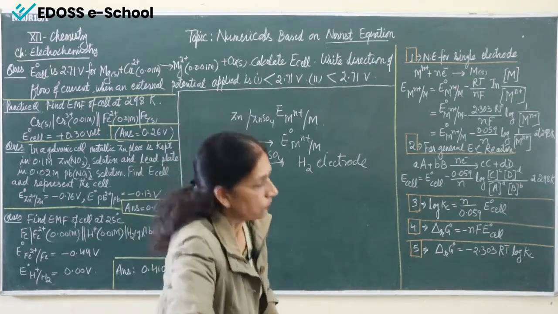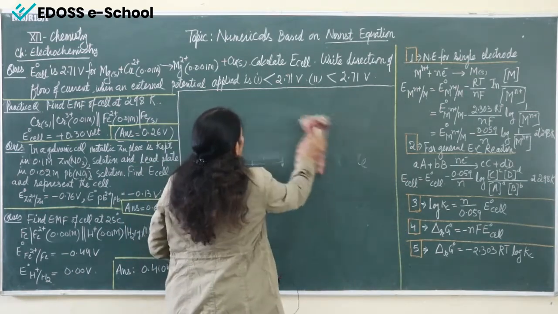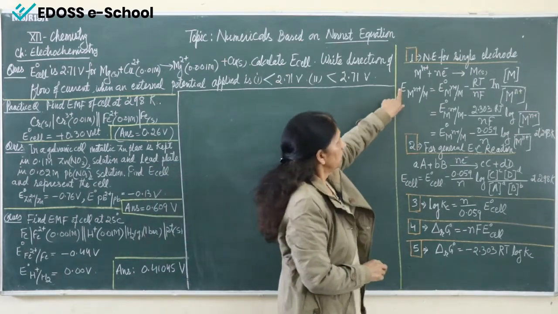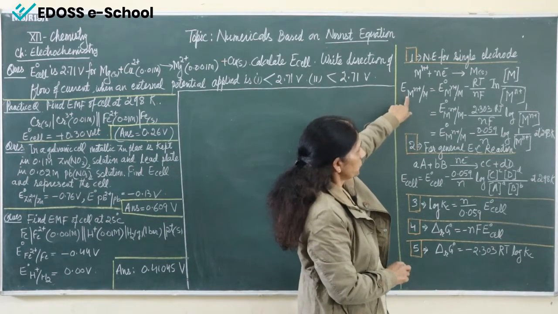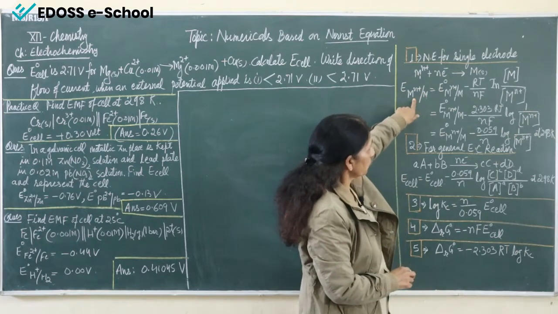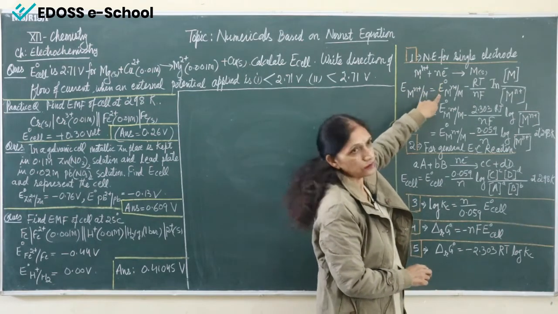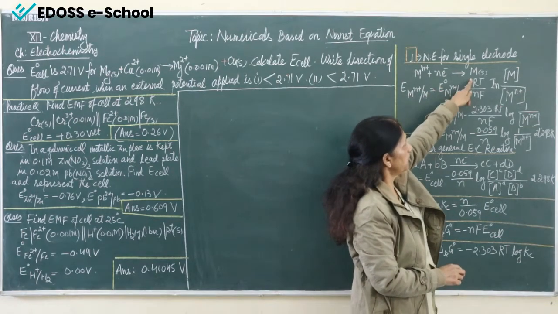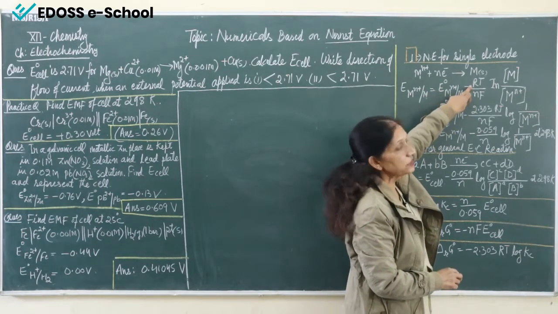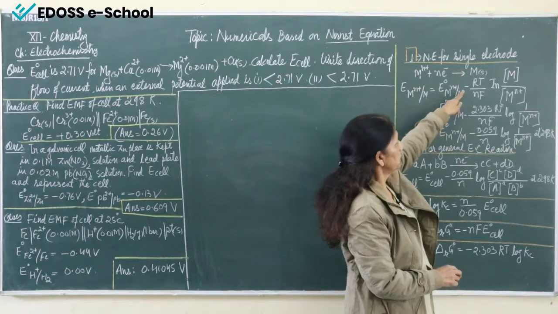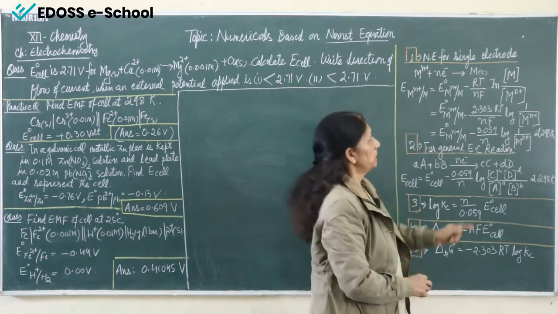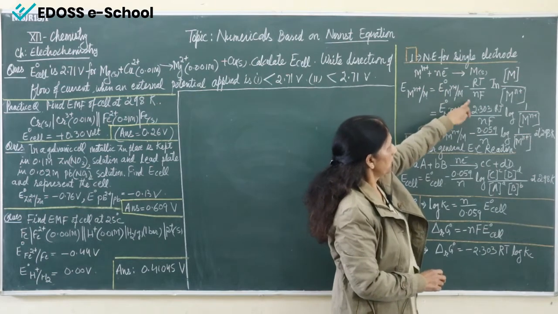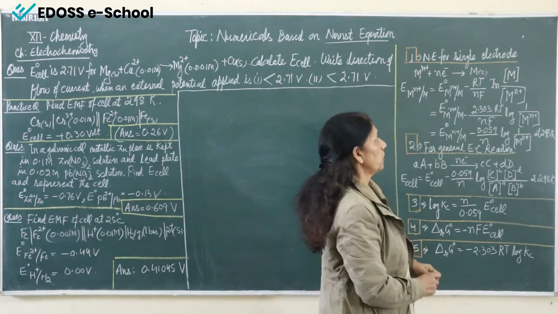So this is the electrode potential of the single electrode, and this is the standard electrode potential of that single electrode, minus RT upon nF. R is the gas constant, T is temperature, n is the number of electrons involved in the reaction, and F is the Faraday constant.